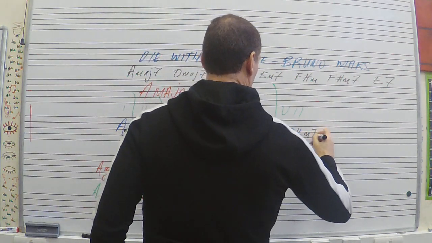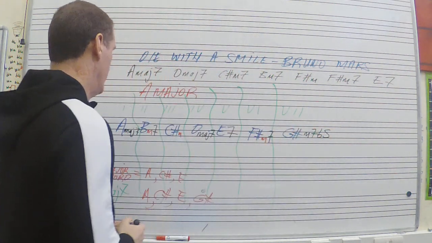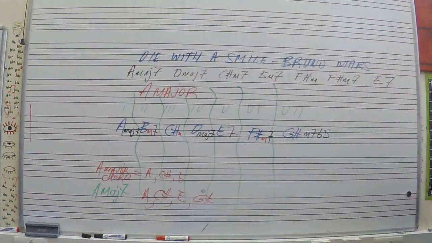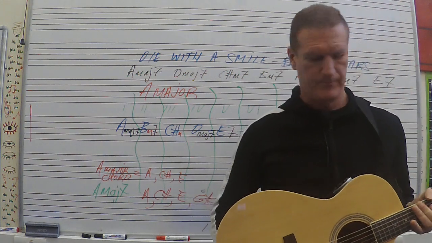It's called a minor 7 flat 5. That's a bit of a mouthful. G sharp minor 7 flat 5. That's how it's played. That's how he got the chords there. So you can be absolutely sure that despite him looking amazing and singing amazing and being an absolute star, he knows his theory.